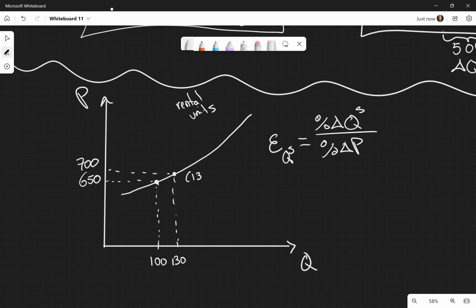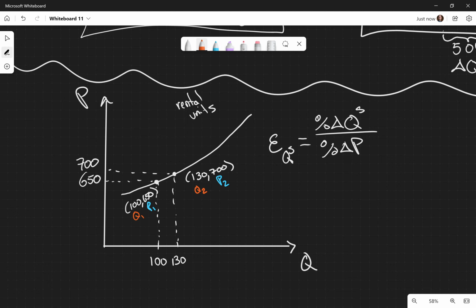So 130, 700, and this one is going to be 100, 650. I'm going to do my quantities first, Q1 and Q2, then my prices, P1, P2.